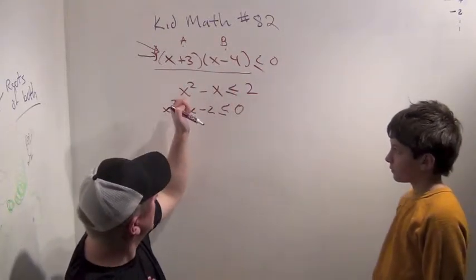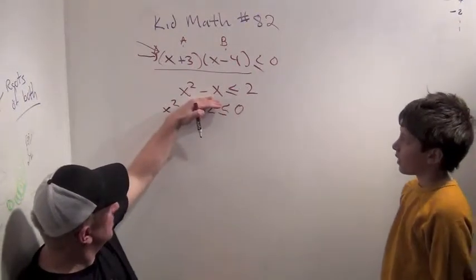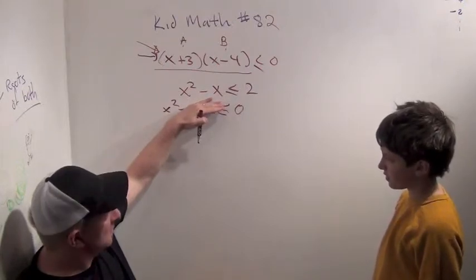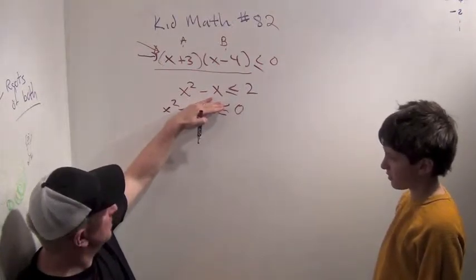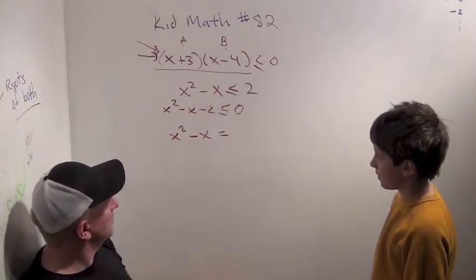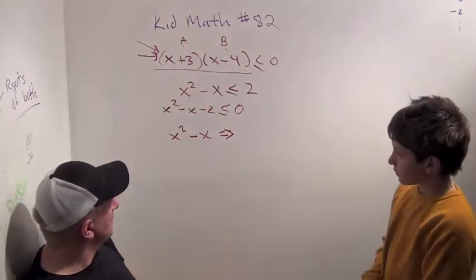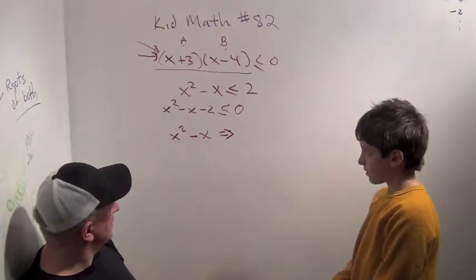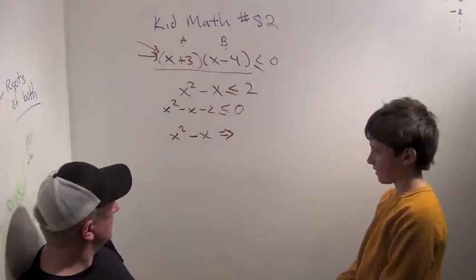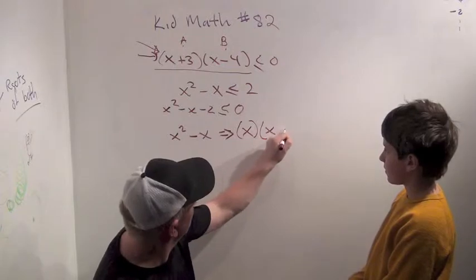If we factored this, what does x squared minus x factor into? It's x times x minus 1.